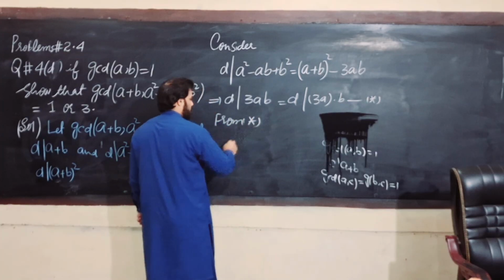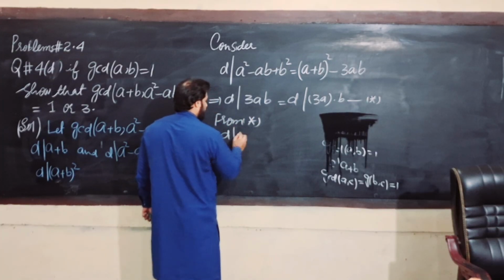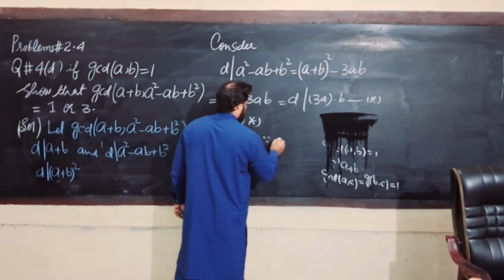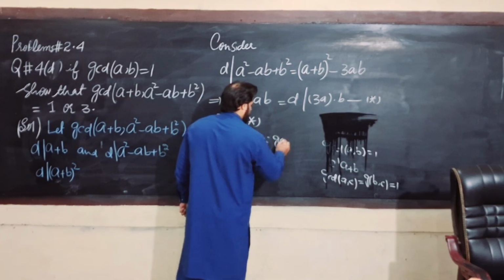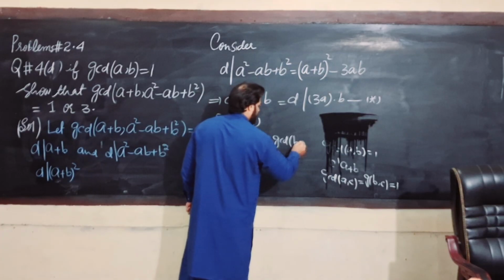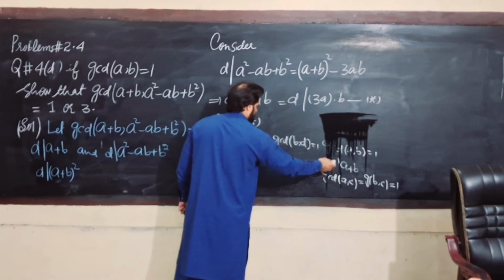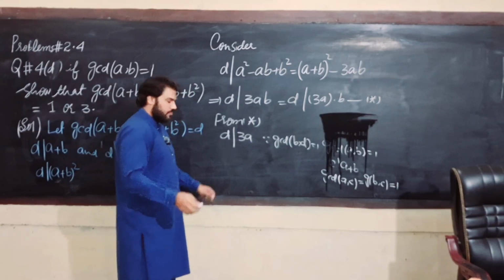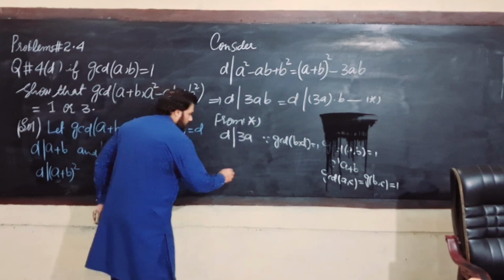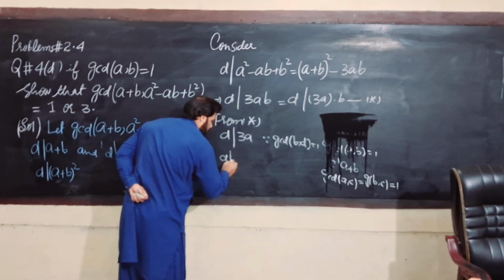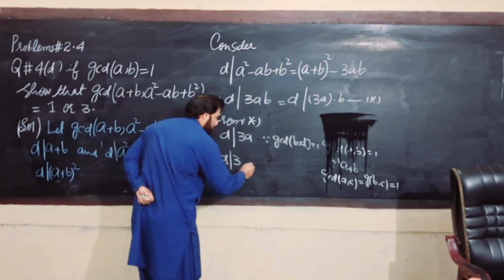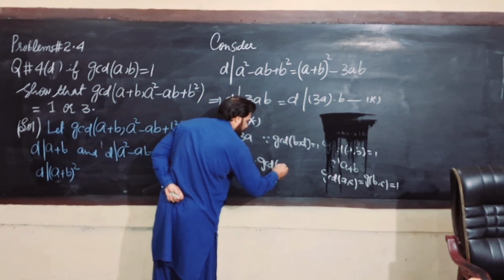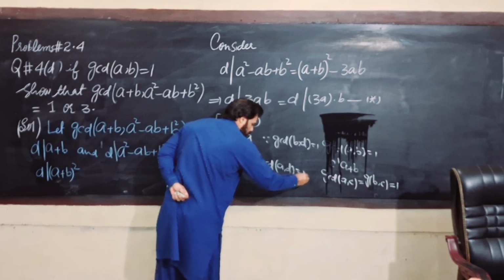By using Euclid's lemma, d divides the first number 3a, because GCD of b and d is equal to 1 by using this problem. Again, when we use Euclid's lemma here, this implies d divides c, because GCD of a and d is equal to 1.